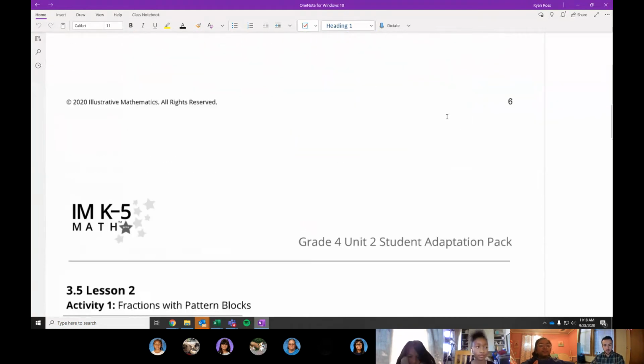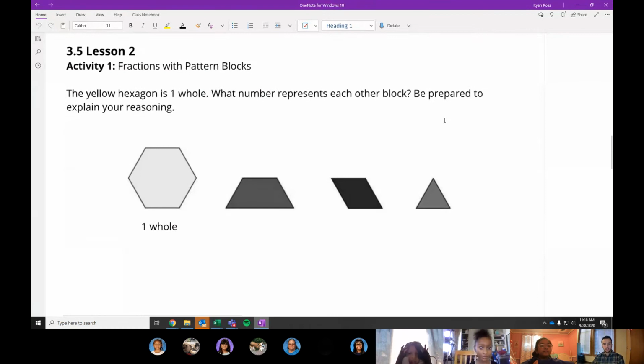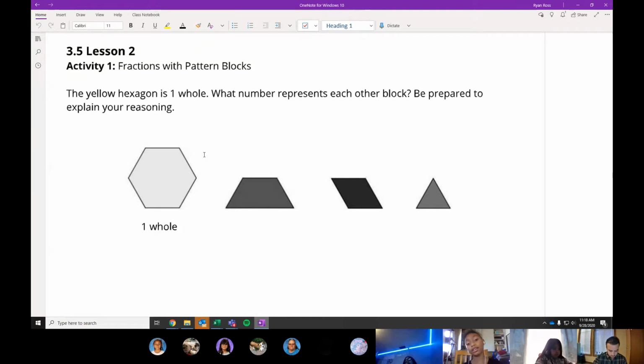Let's go to the next page in your packet and get your blocks out as well. And here's what we're going to do. This activity, fractions with pattern blocks, the yellow hexagon, which is not yellow here, I can maybe highlight it. Now it's yellow.